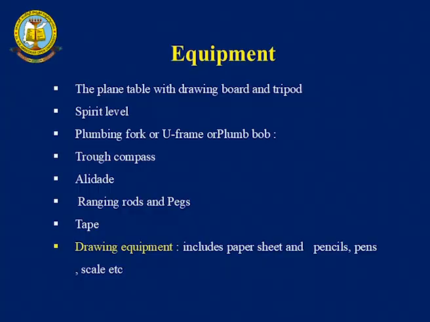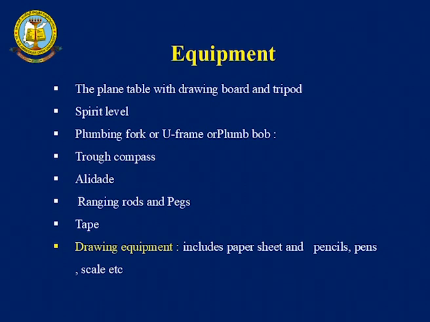Then another piece of equipment is the spirit level, and another is the plumbing fork, which we can also call a U frame, or a plumb bob. Another one is the trough compass, which you need in order to know the direction.